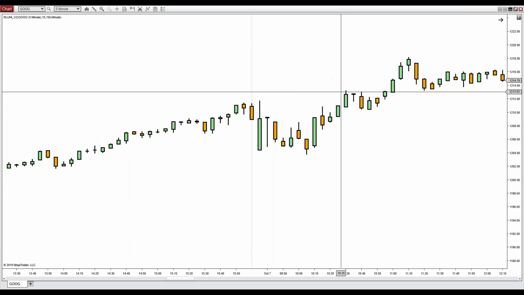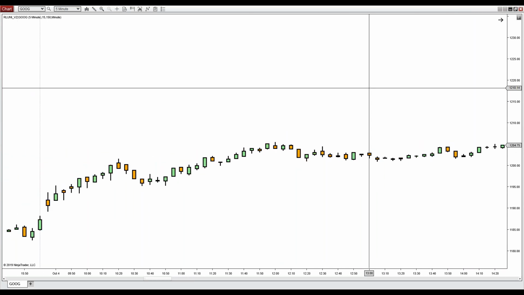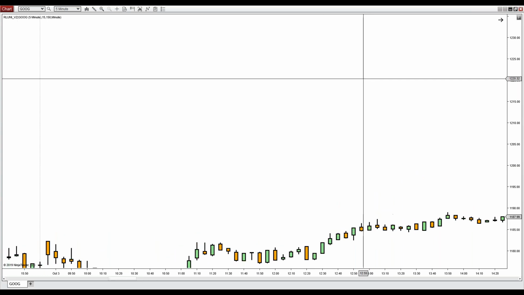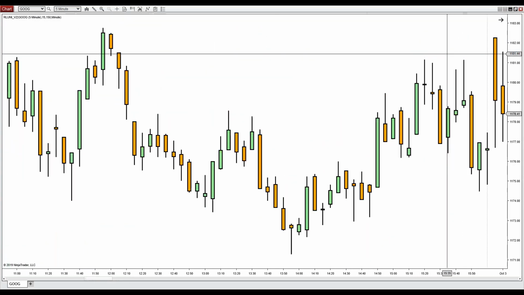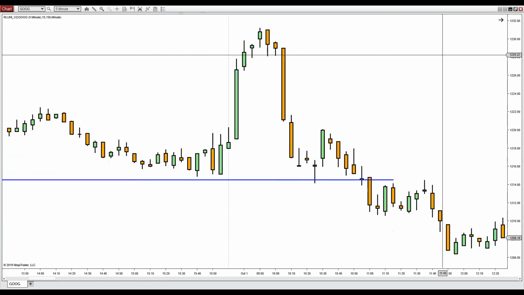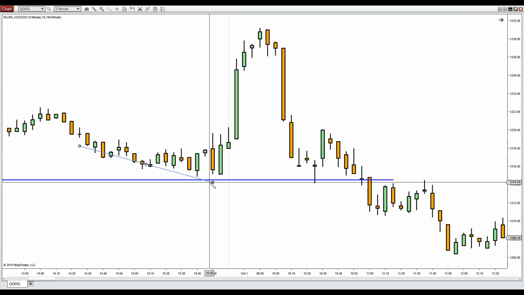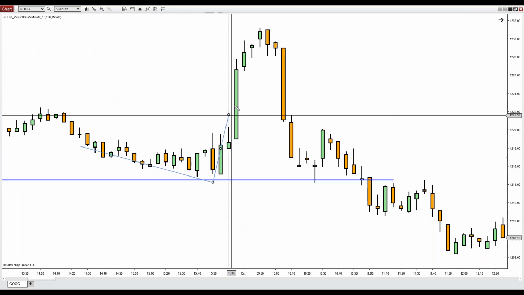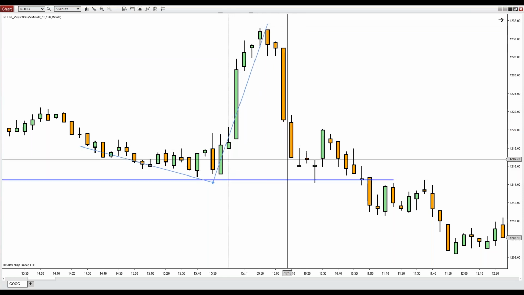There's just not many because Google is so expensive. I don't know, a 5-minute may be too short. Hold on, let me rescale it. Okay, here's a support area on Google. And that's a gap.